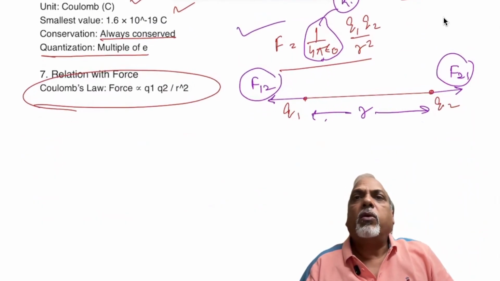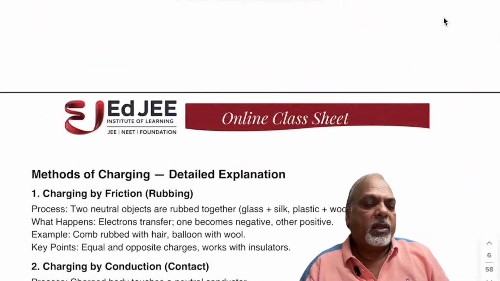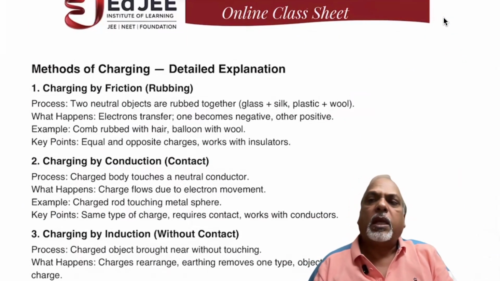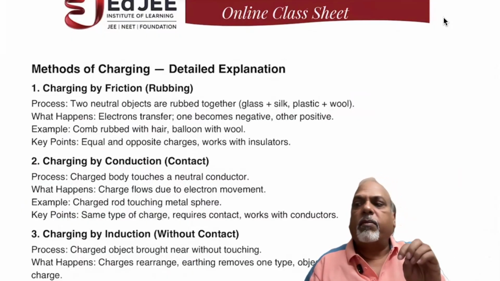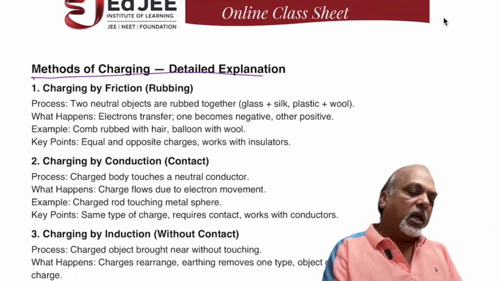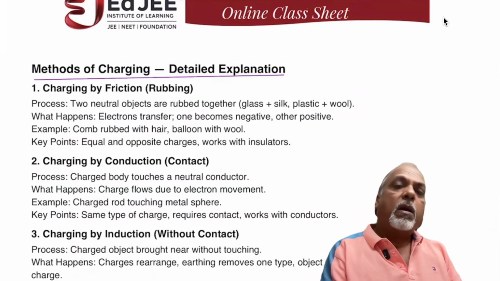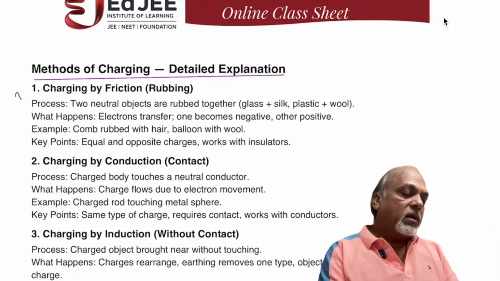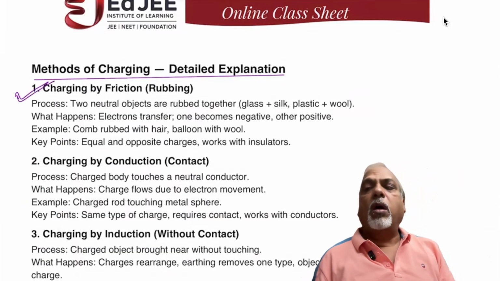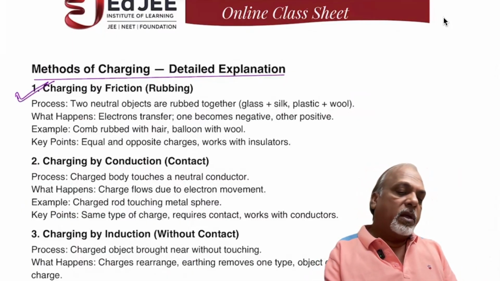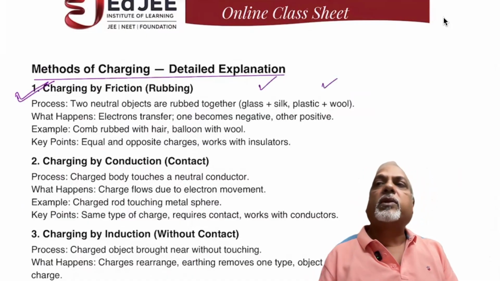Now we will go again to the theoretical part, which is given in our chapter. I am not going to take much time on this. This is a method of charging: how you can charge a body. Charging by friction. Two neutral objects are rubbed together, like glass plus silk or plastic plus wood.